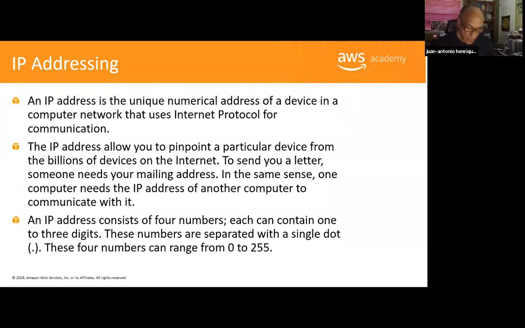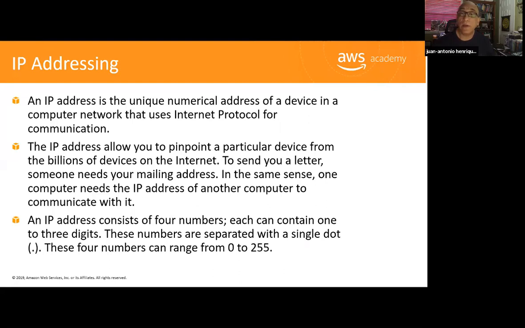So let's go back again to an IP address, because it's important. We said that an IP address is a unique numerical address of a device in a computer network, and it uses the Internet Protocol for communication. The IP address allows you to pinpoint a particular device from the billions of devices on the Internet.